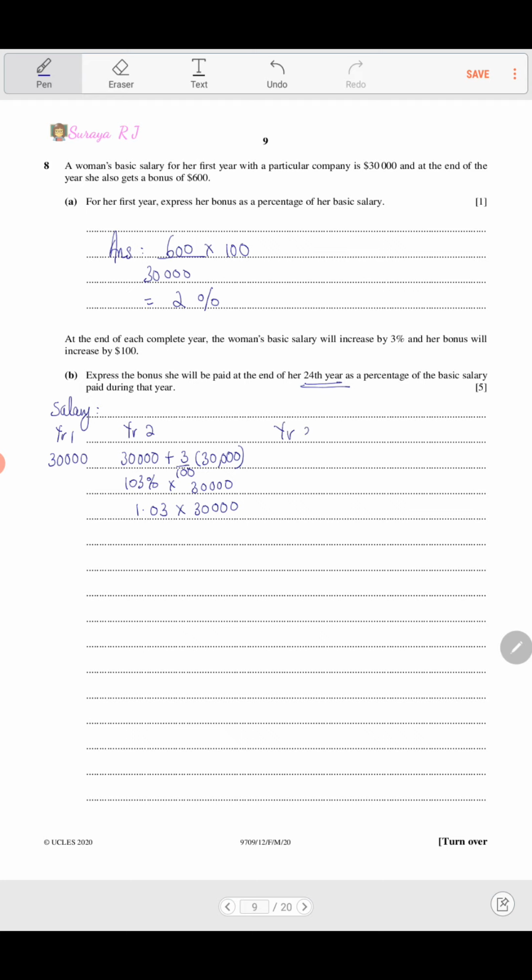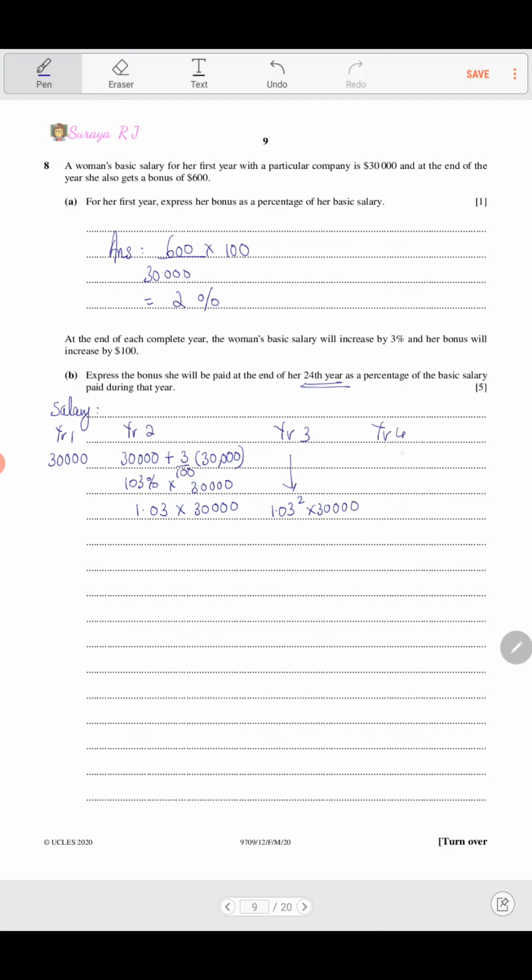In year 3, again we have to do the same thing. It is a 3% increase of her basic salary in year 2. So instead of doing all this calculation, we just take 1.03 times the basic salary in year 2, which is now 1.03 times 30,000. So it is 1.03 squared times 30,000.